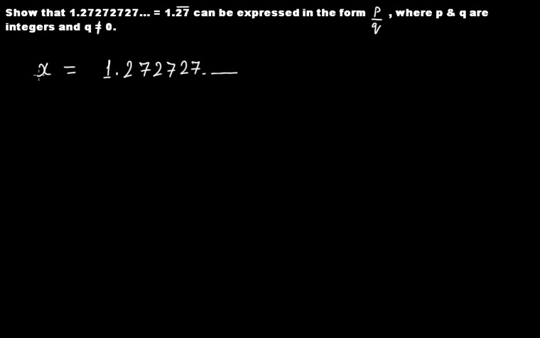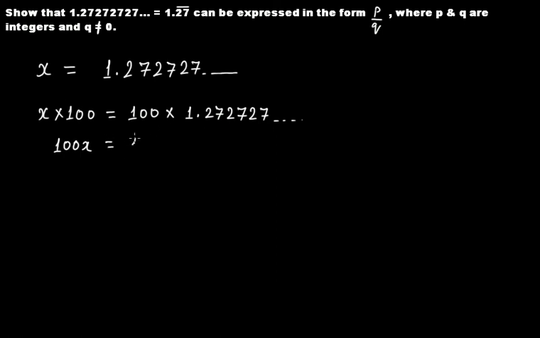Now if you multiply this number by 100, that is x multiplied by 100, and the same number 100 multiplied by 1.272727, so this becomes 100x is equal to 127 point, right? Since we are multiplying by 2 zeros, the decimal point will come after this.